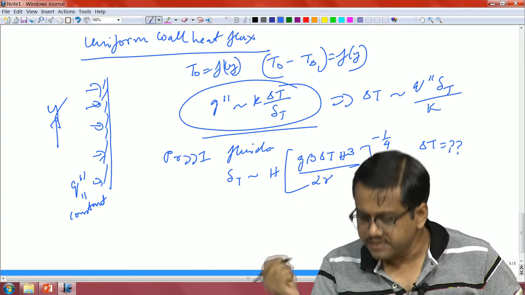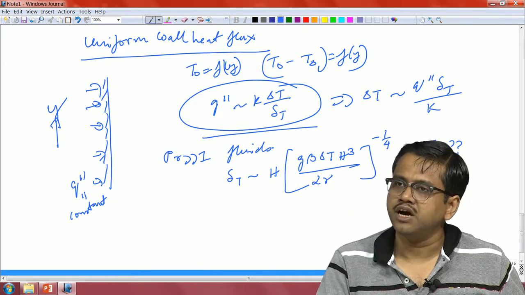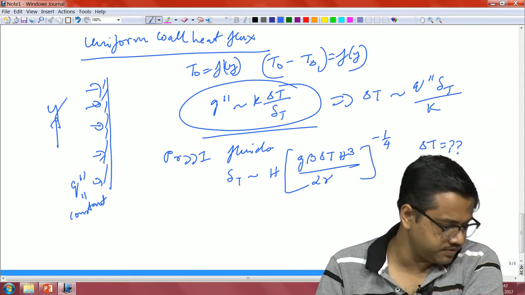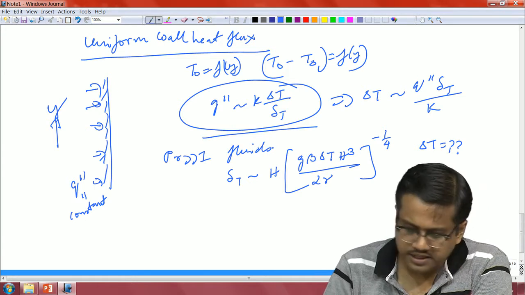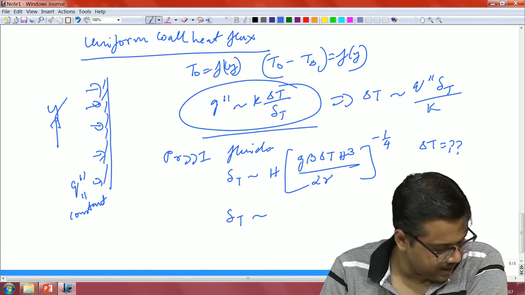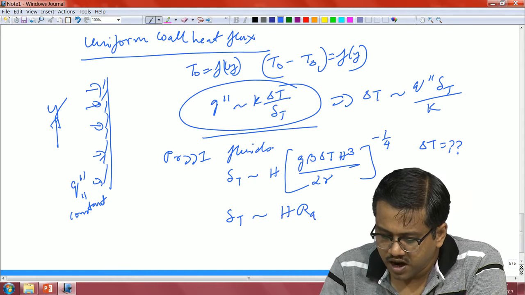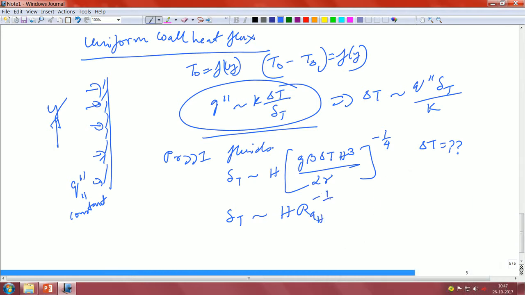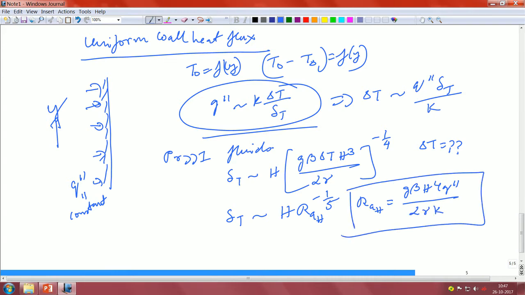We substitute that into this expression, and it becomes equal to H Ra_H to the power of minus 1/5, where this Ra_H is different from the Ra_H you have dealt with earlier, in that it is given in terms of the heat flux rather than the temperature. This is the definition of this Ra_H.